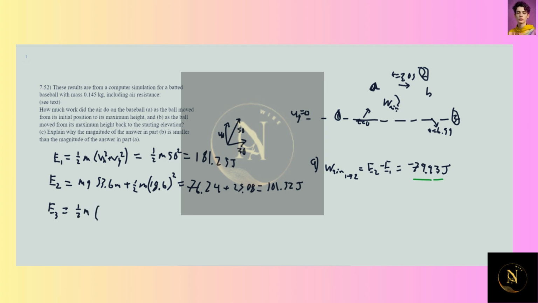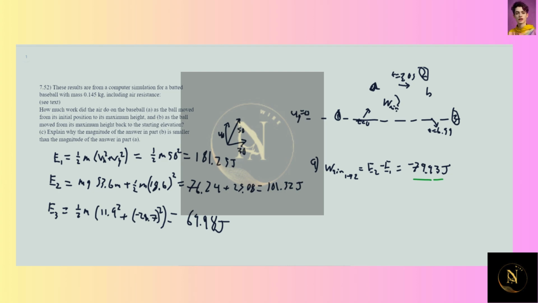Again, these are perpendicular vectors, so we straightforwardly add the two components squared: 11.9 squared plus negative 28.7 squared. That's the vertical velocity, negative because it's going down. That gets us 69.98 joules.